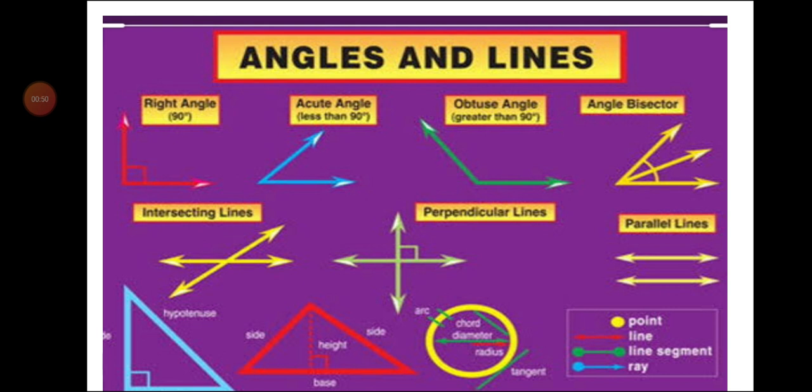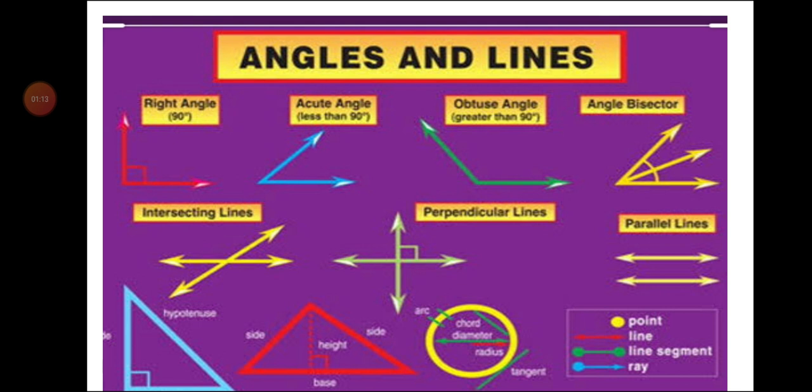Then in the second row you can see the first types of line, intersecting lines, then two perpendicular lines, then, very importantly, you can see parallel lines, the lines which are equidistant from each other, which means the distance between the two lines is constant. Then these lines are known as parallel lines.